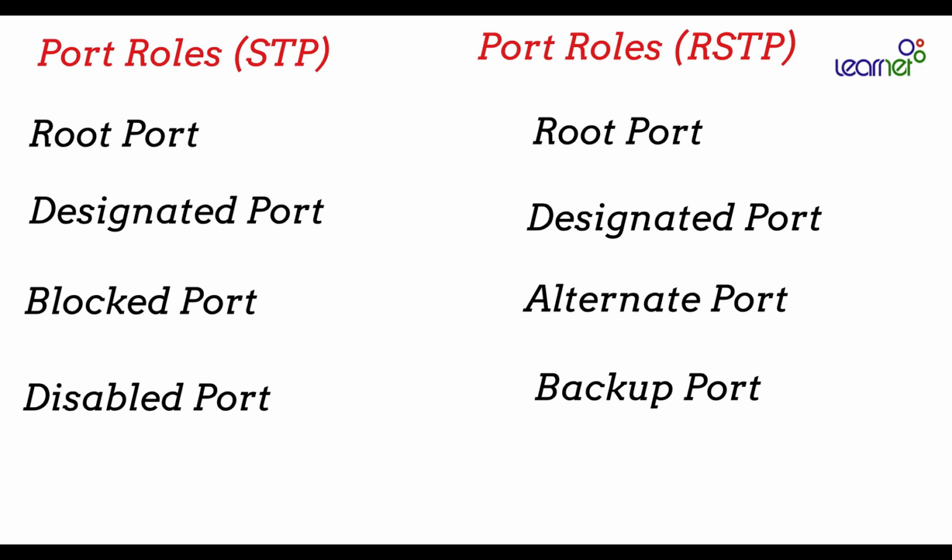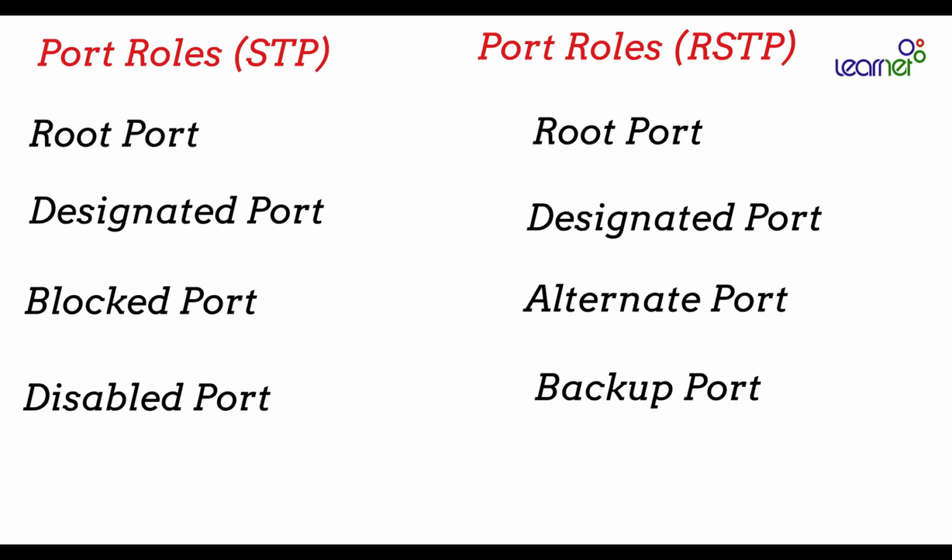The alternate port provides an alternate path to the root bridge. If the current root port fails, the switch can quickly designate the alternate port as the new root port, significantly reducing RSTP convergence time compared to STP. I'll be talking about the convergence process in a second.